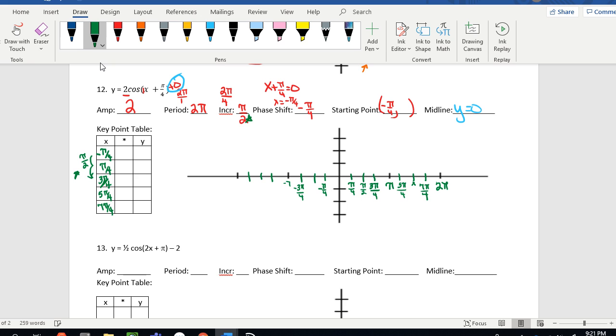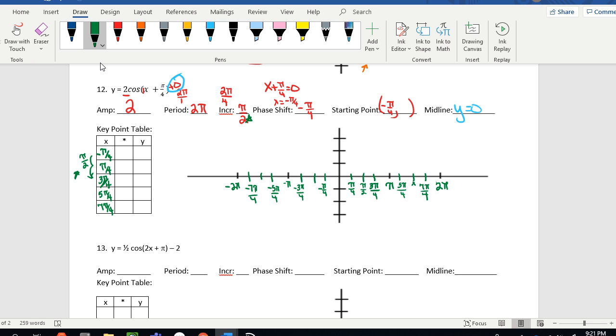And this is negative pi, in case we want to know. Negative 5 pi over 4. Negative 7 pi over 4. And this is negative 2 pi. Okay, so I've got everything filled in.